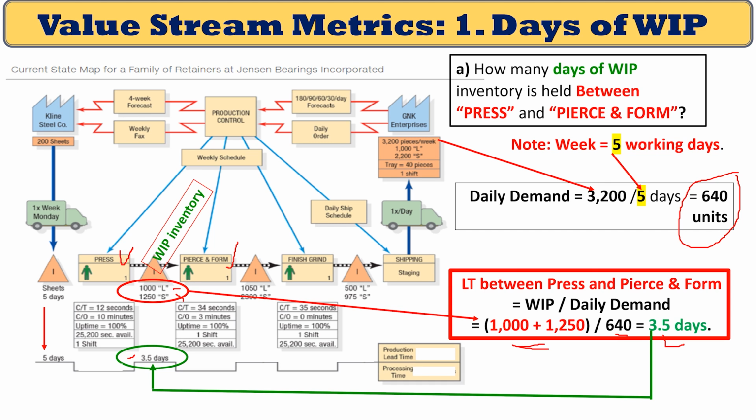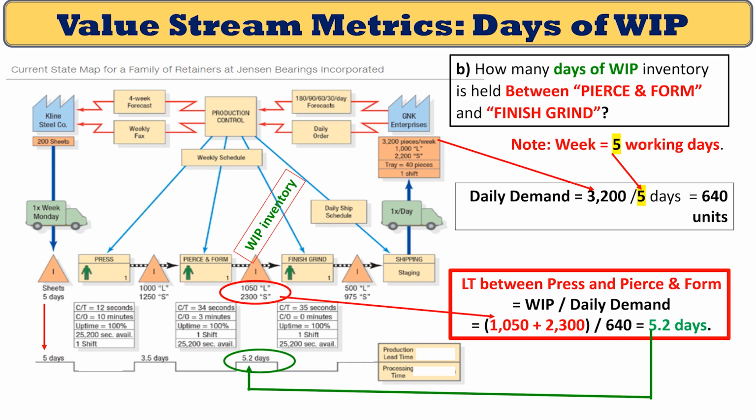The next one we're going to calculate is the days of work in process inventory held between the piston form, which is this sub-step, and the next step, finished grind. We do the same thing.